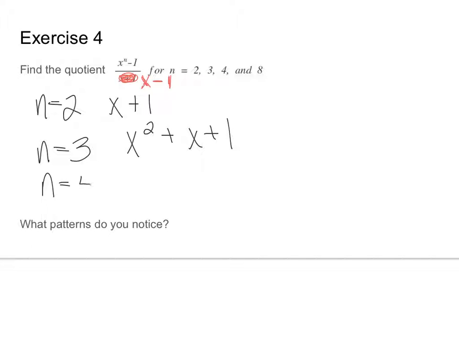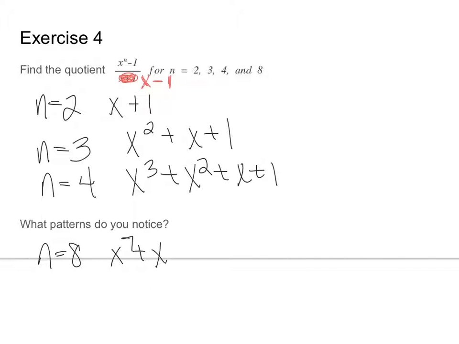For n equals 4, reduce the power by 1. And for n equals 8, same deal. Reduce the power by 1. Lots of x's. Perfect.